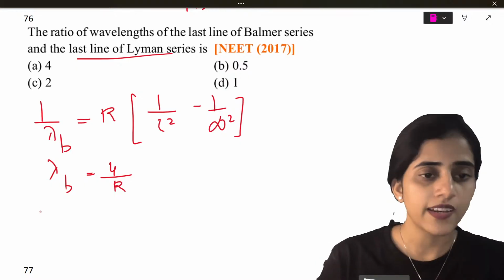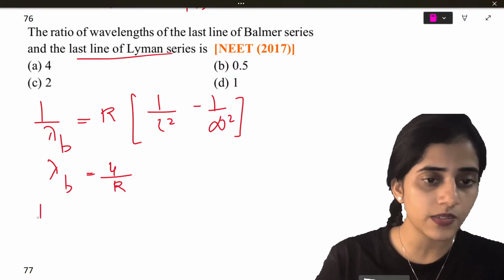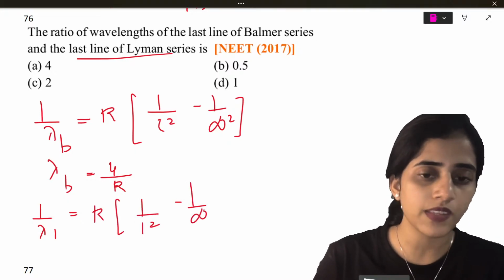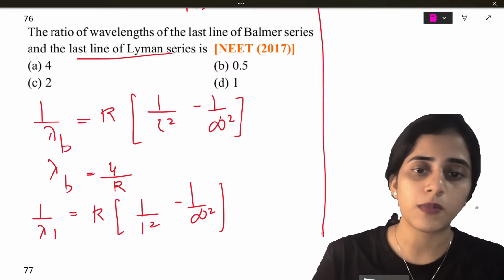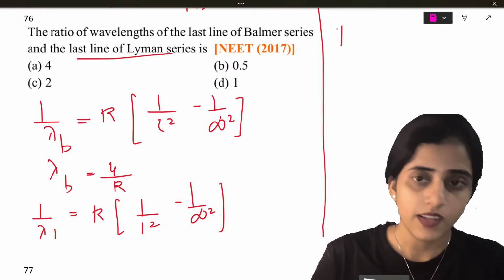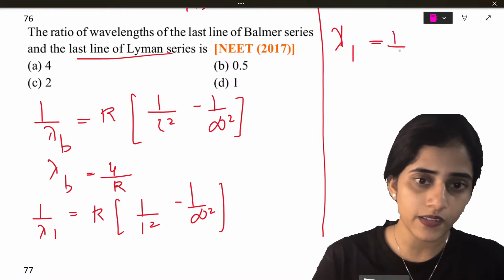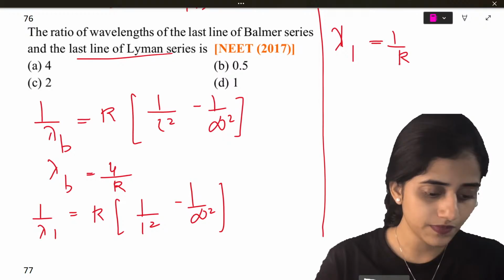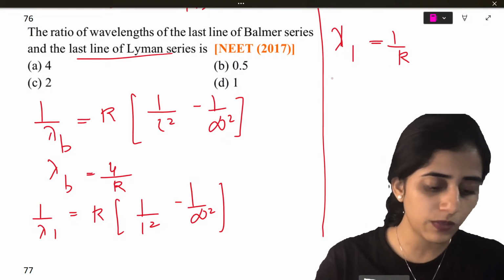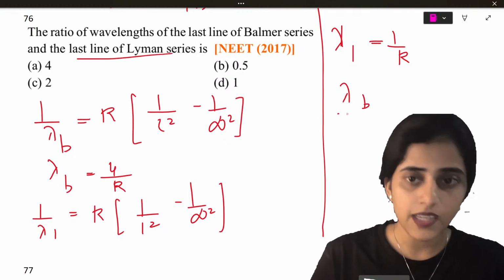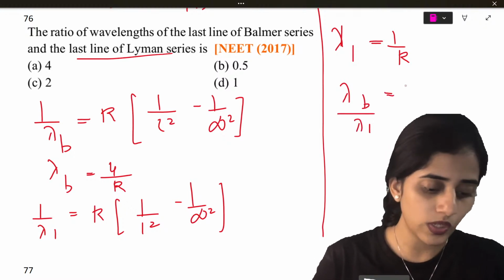Now, for the Lyman series, what is it? 1 by lambda L will be R times 1 by 1 square minus 1 by infinity square. So lambda L will be 1 by R. So lambda B by lambda L will be what?